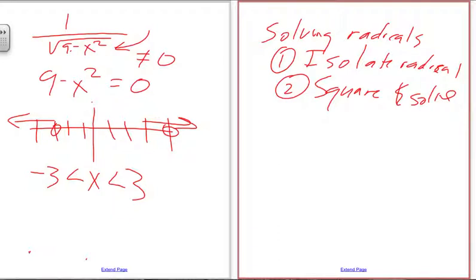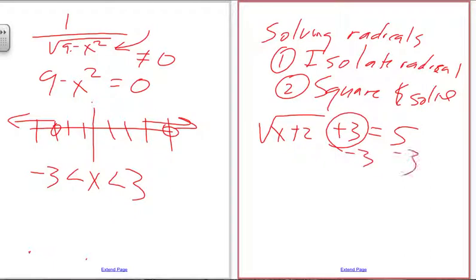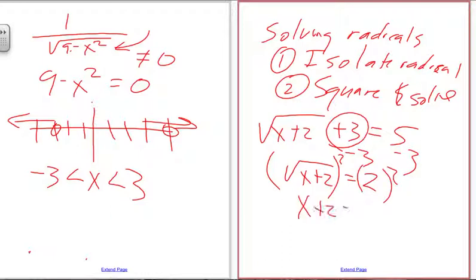So I'll give you something like this. First thing you need to do is isolate the radical, so you need to move this over. That is square root of x plus 2 equals 2. Then you square both sides. Squaring the radical gets rid of the radical, so you end up with x plus 2 equals 4, or x is 2.